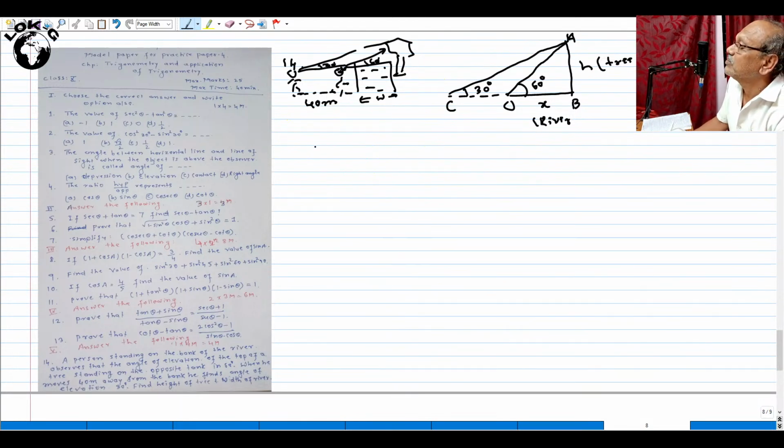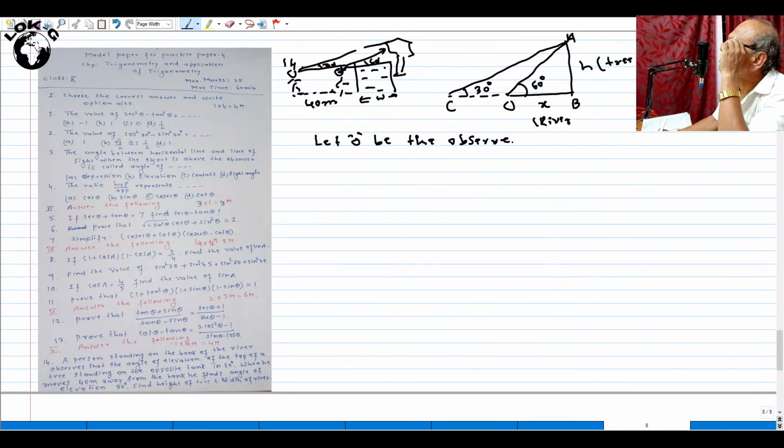Let O be the observer. OB be the river. Okay, let us call this OB, the width of the river, X. That is, OB is equal to X meters.